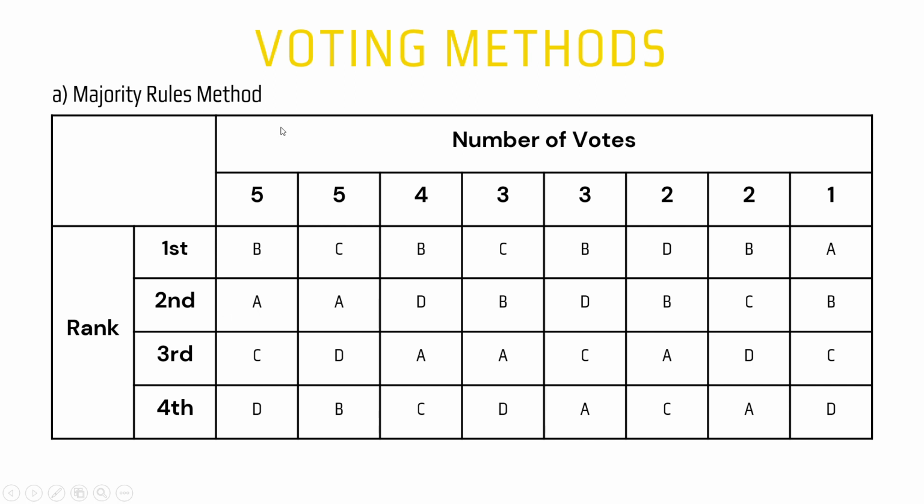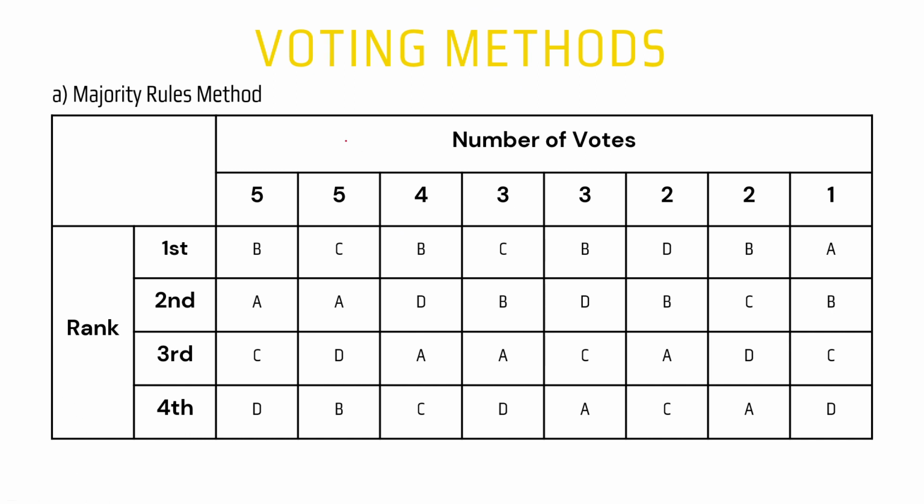So the majority rules method basically states that whoever has the majority amount of votes will be the winner. For there to be a majority, we must first get the total number of votes, since the majority is more than half of the votes.